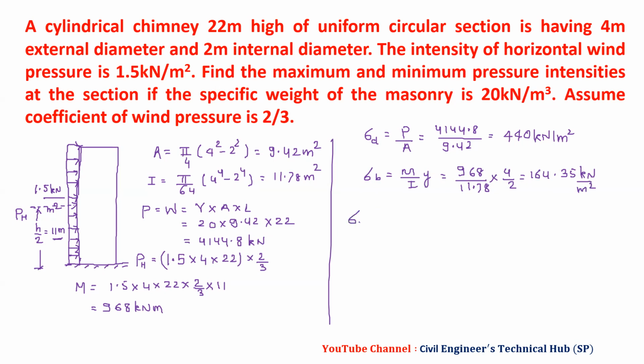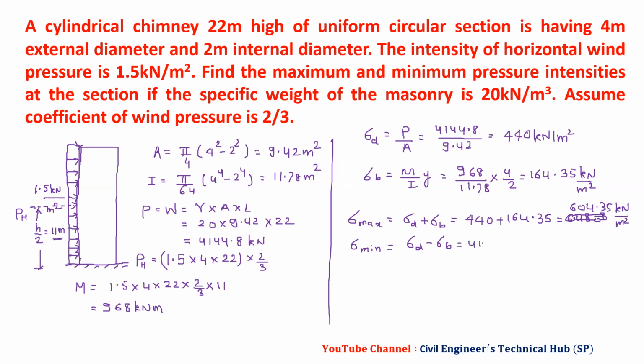And then we have sigma max. On one side we have sigma D plus sigma B, and sigma min we have on the other side, sigma D minus sigma B. So this will be 440 plus 164.35, and we have this value 604.35, sorry, 604.35 kilonewton per meter square.